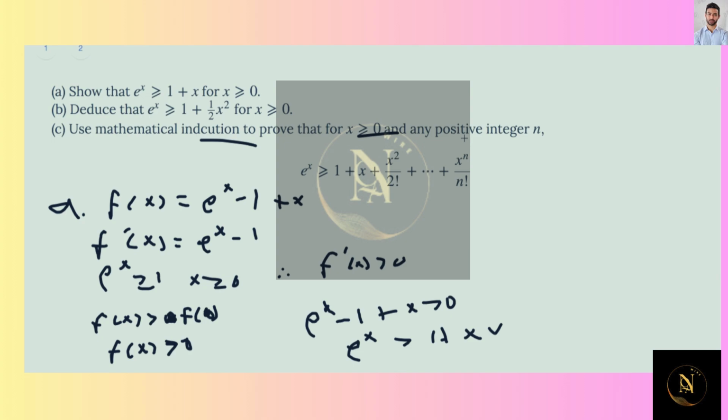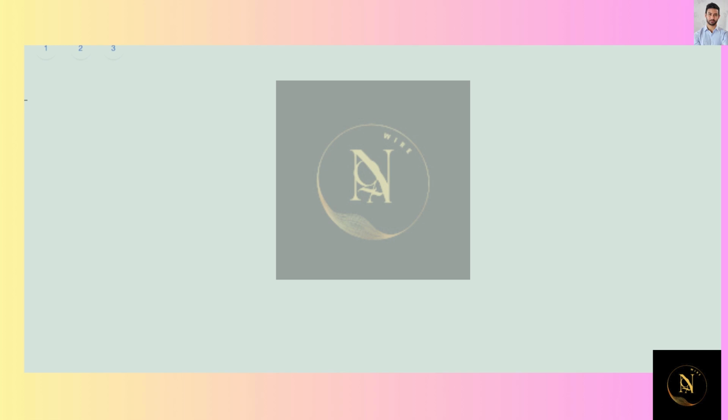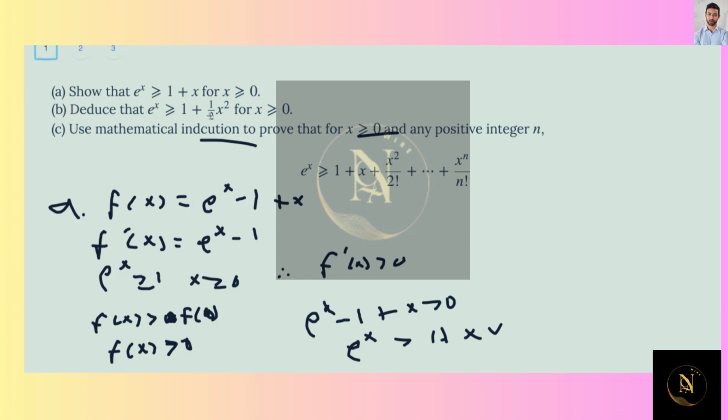And then for the last one, we're being told to use mathematical induction to prove that for x greater than 0 and any positive integer n. So induction, if you're not familiar with it, you're basically proving that if it works for, let's say, this case, we have e to the x greater than 1 plus x plus x squared over 2 factorial plus, and then on to x to the n over n factorial.